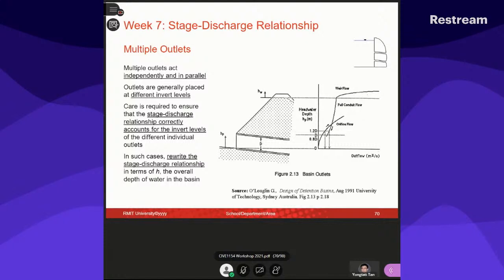This figure shows the multiple outlet stage and discharge relationship.